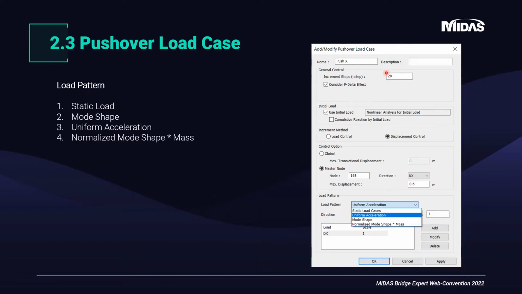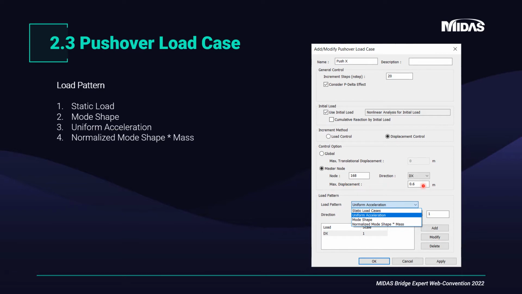So step 2 is to define this pushover load case. So here we can specify the increment method as load control or displacement control. So when we select the displacement control, we have an option of giving a master node, that is any node of the structure, and then specify a target displacement.